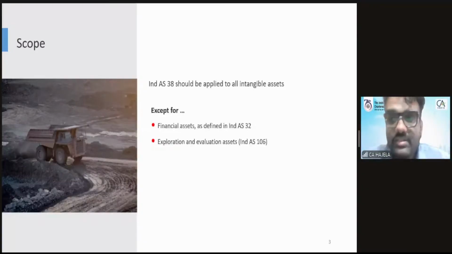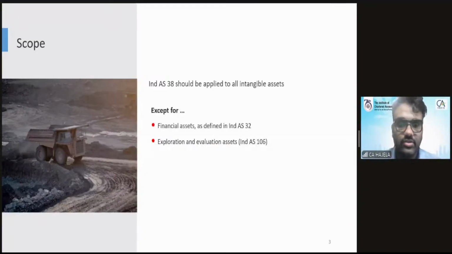Exploration and evaluation assets. This is a very niche discussion, because under Ind AS, which is an upgrade over our Indian GAAP, Ind AS 106 is a dedicated standard which talks about exploration and evaluation assets. Quite a few intangible assets are generated during this exploration and evaluation.